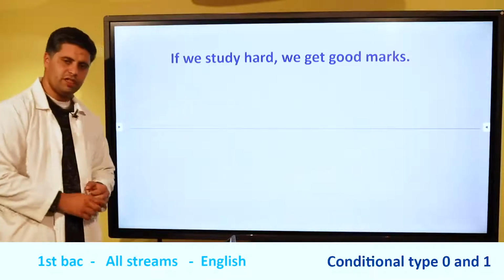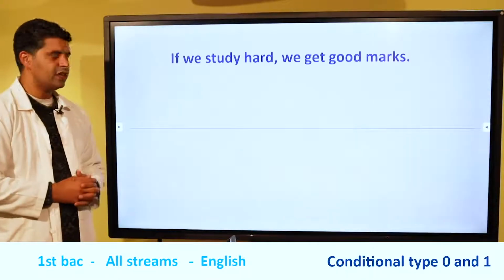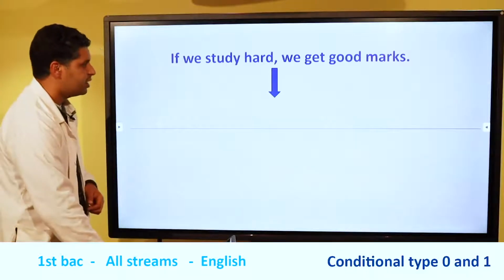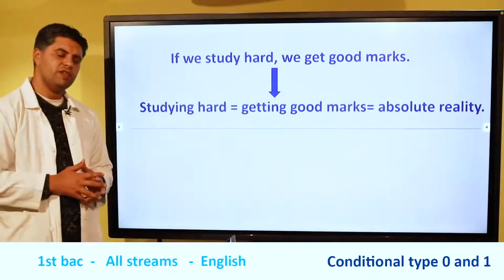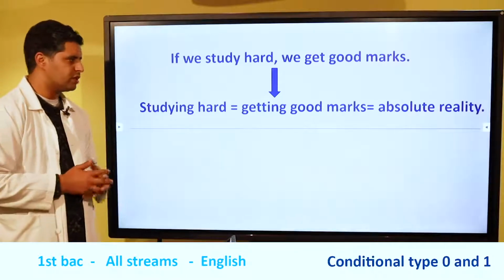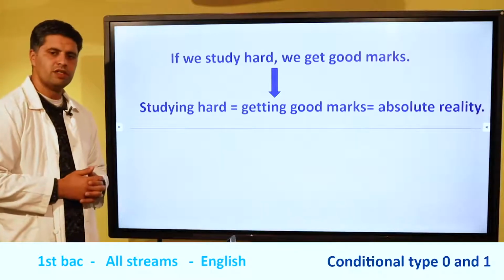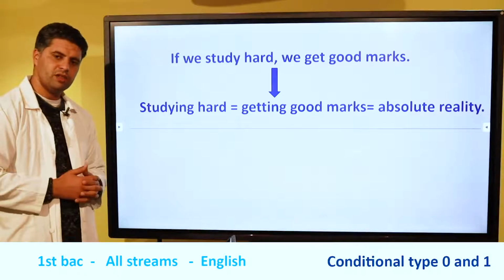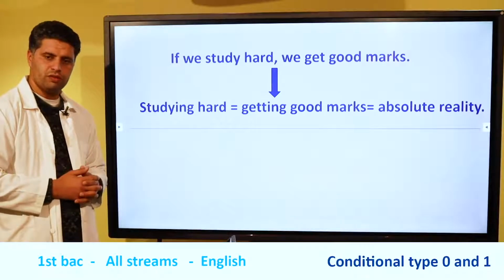Let's take the first one. For example, if we study hard, we get good marks. Here, the meaning of this statement is that studying hard equals getting good marks, which is a reality. It is a fact, or a truth.